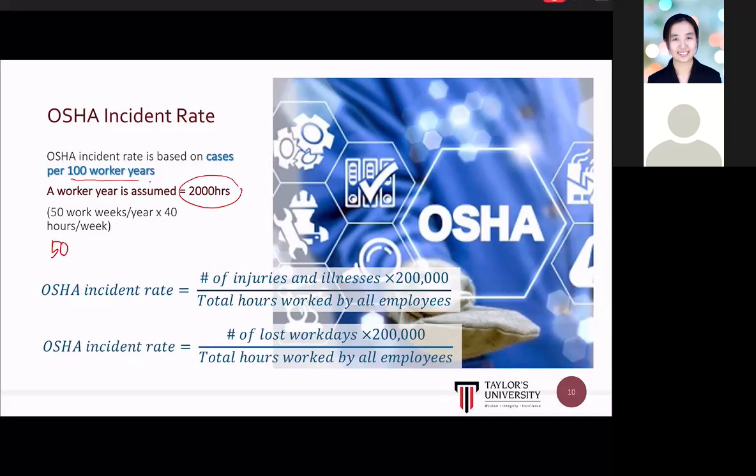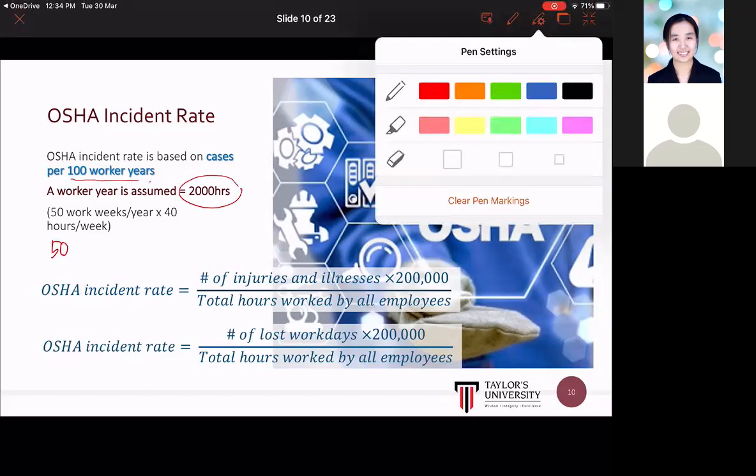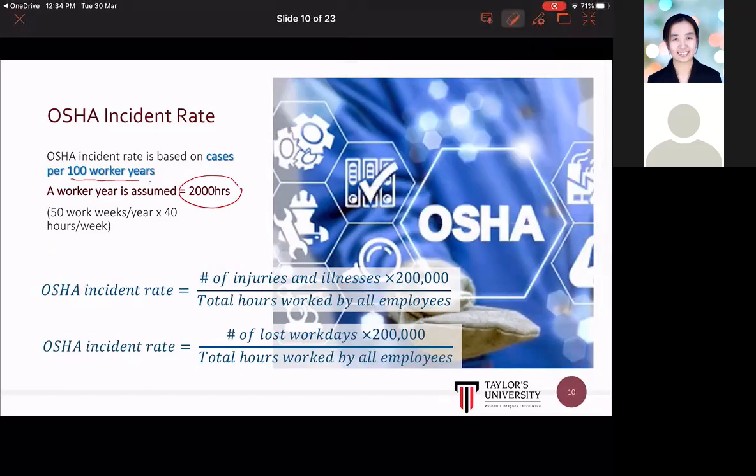Okay, this one is where 1 year we have 52 weeks. And as workers, every worker is entitled, according to labor law, up to 2 weeks of annual leave. So if you go to a company and they tell you, oh, you do not have annual leave, don't work there, because that's clearly against labor law.